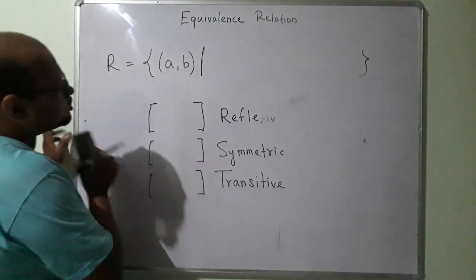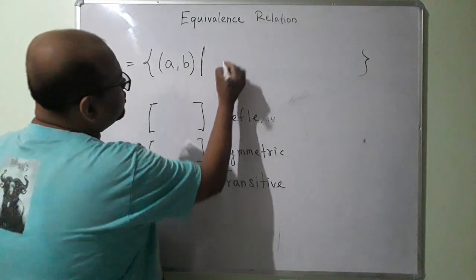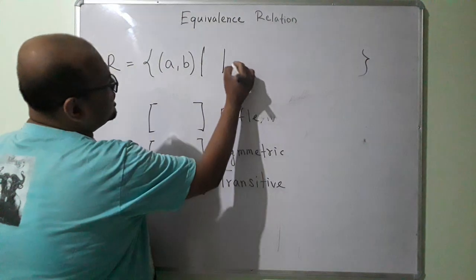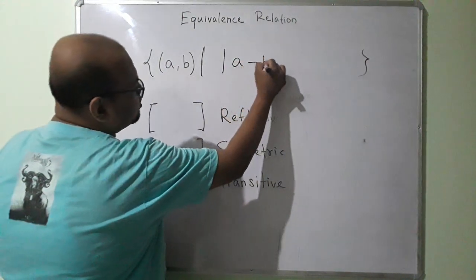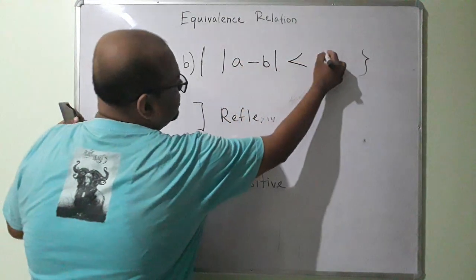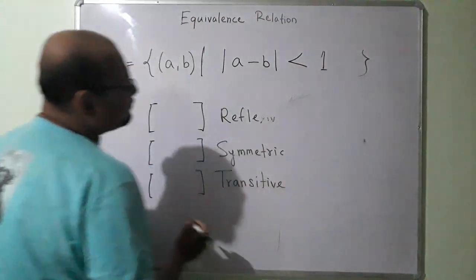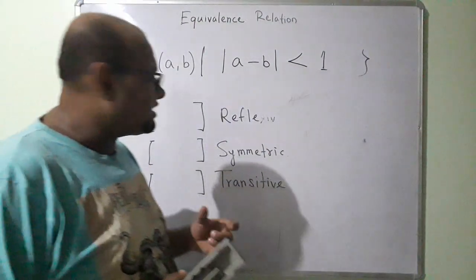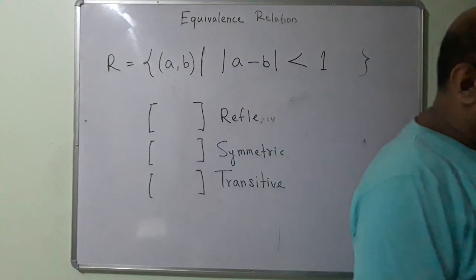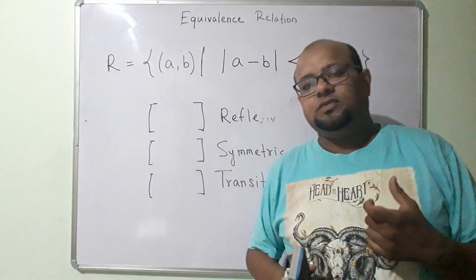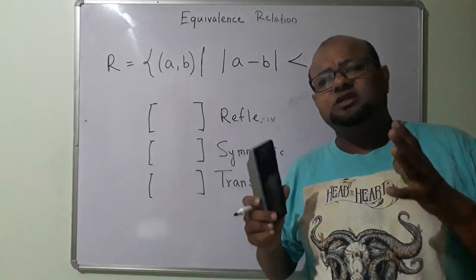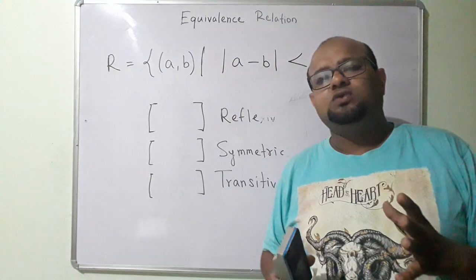Alright. Now let us look at this. AB will belong to the relation if the mod of A minus B is less than 1. Okay. So is it reflexive? All this A minus A, B minus B, C minus C is equal to 0.